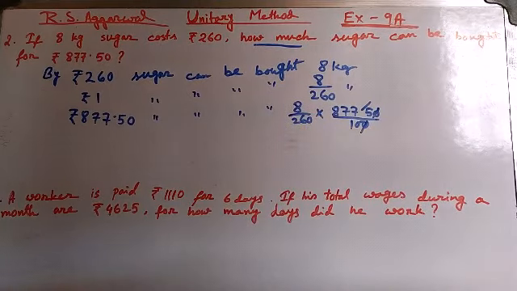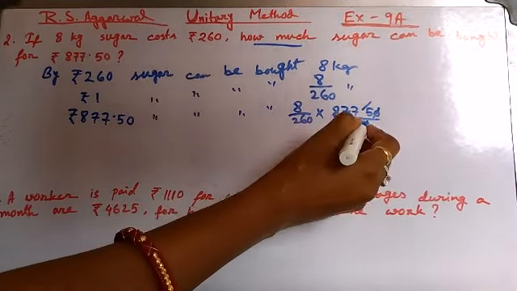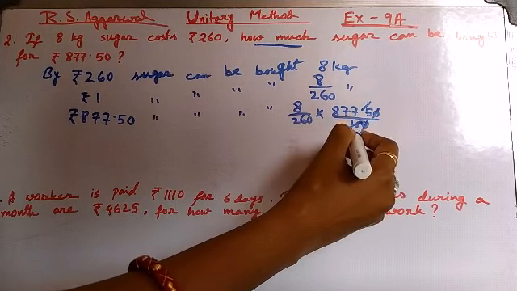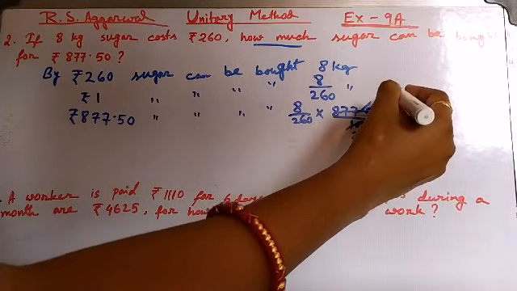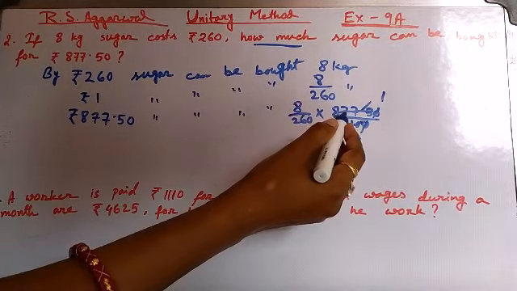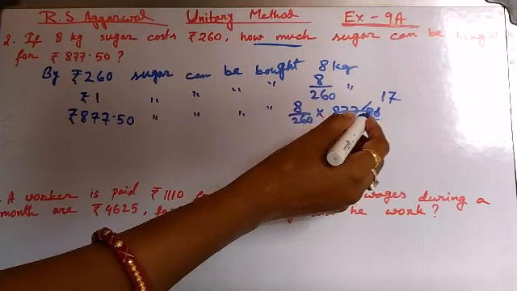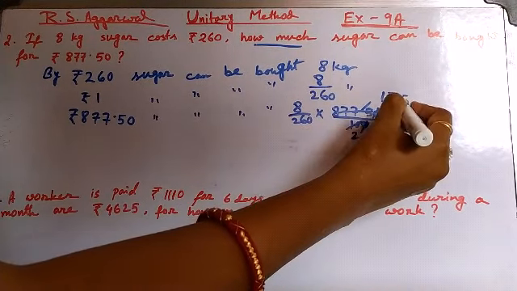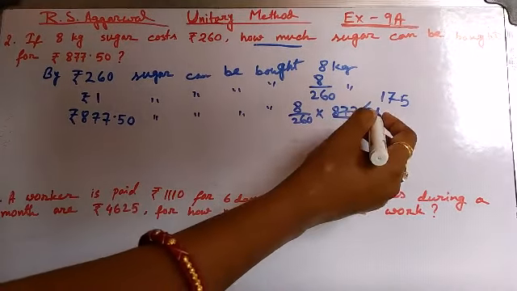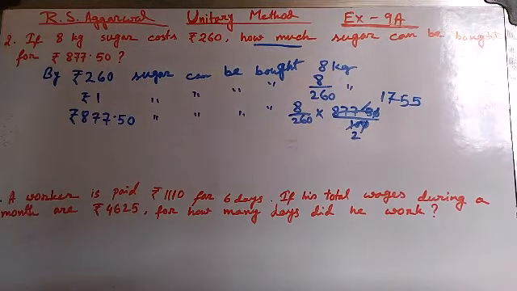This 1 0 will be cancelled, and then it will be cut by 5. 5 2s are 10, 5 1s are 5, 5 7s are 35, then 5 5s are 25.